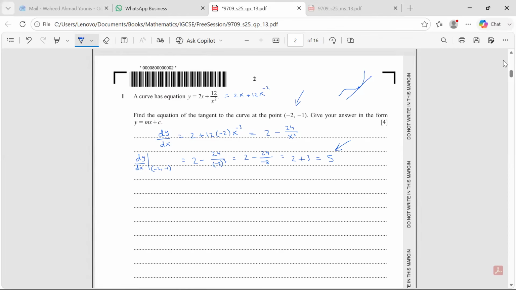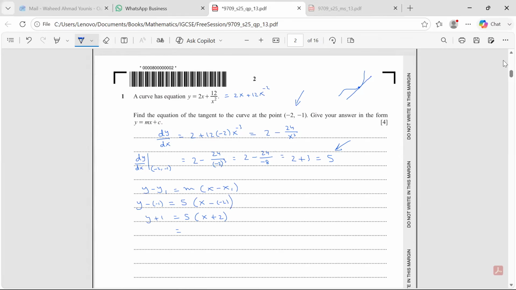Now, to find the equation of a straight line when a point is given and the slope is given, we use this formula: y minus y1 equals m times x minus x1. Remember? So y1 is minus 1, m is 5, and x1 is minus 2. So it will become y plus 1 equals 5 times x plus 2.